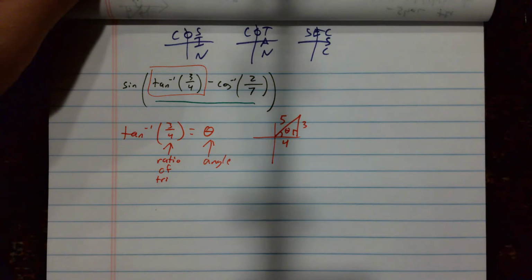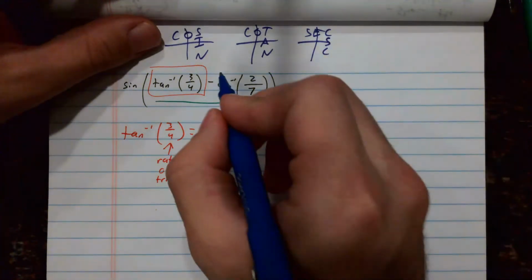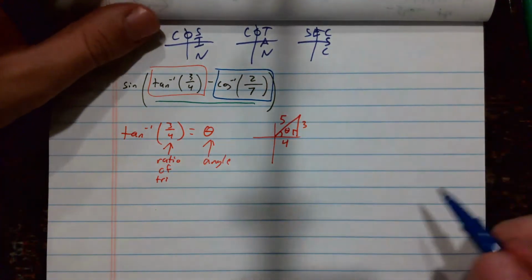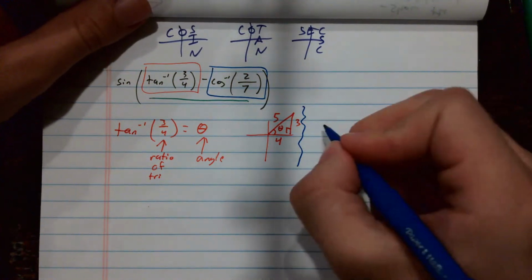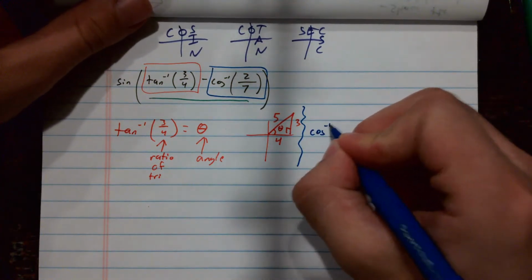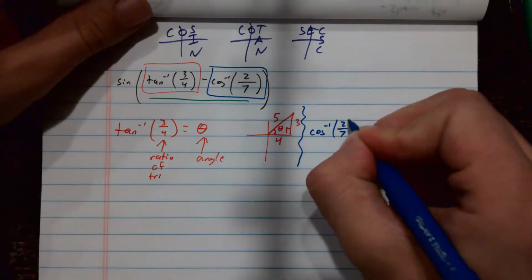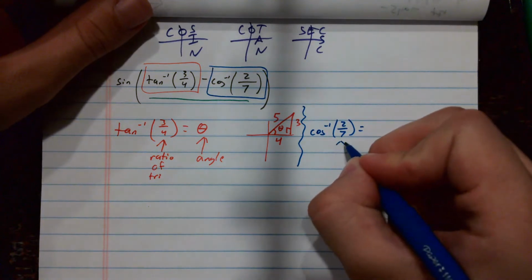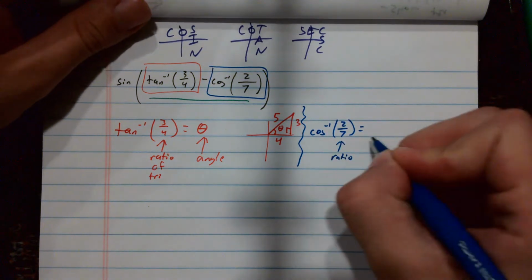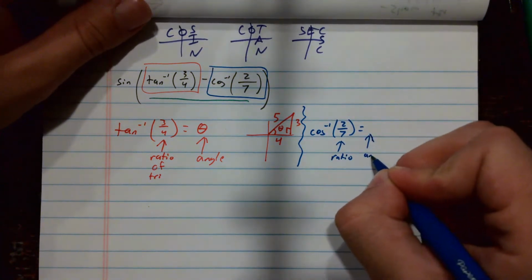Next, I'm going to look at the second part. Cosine inverse of 2/7. Again, this is a ratio, which means I'm looking for an angle.